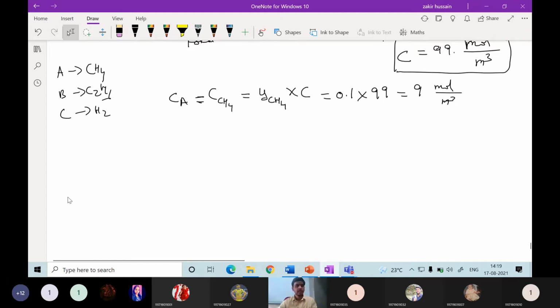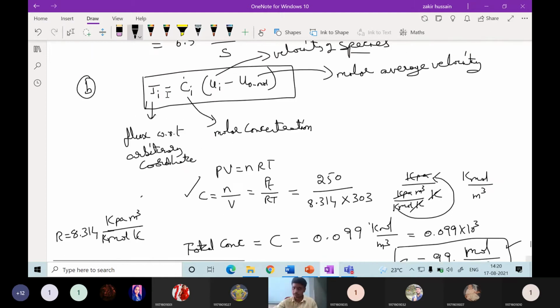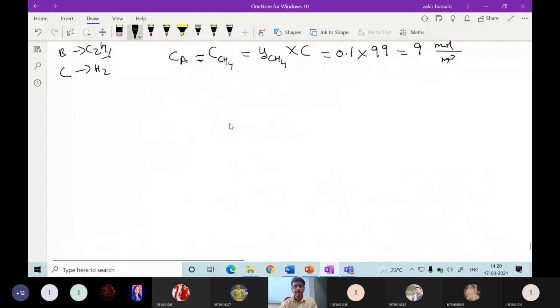Then next, JCH4 we can calculate. We can just substitute into this one. JCH4 is equal to CCH4 into UCH4 minus U mole. We have everything here.